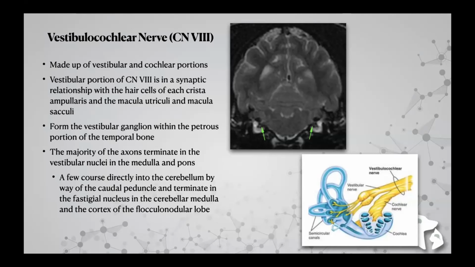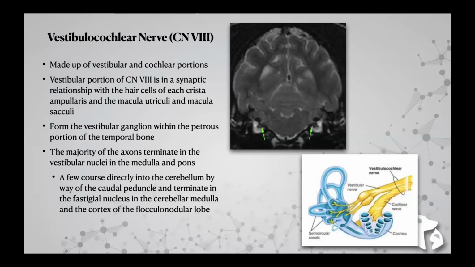So the picture here is a transverse MRI image at the level of the membranous labyrinth. If you look near the arrows, there are two symmetrical bright areas. That is actually the fluid, the endolymph within the membranous labyrinth.